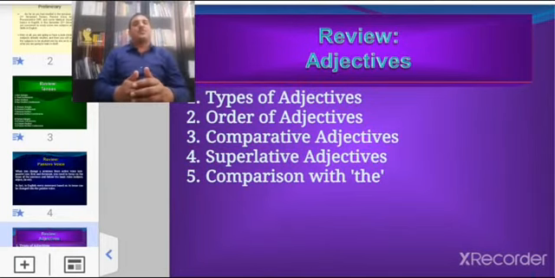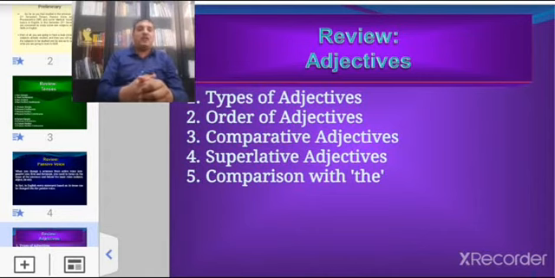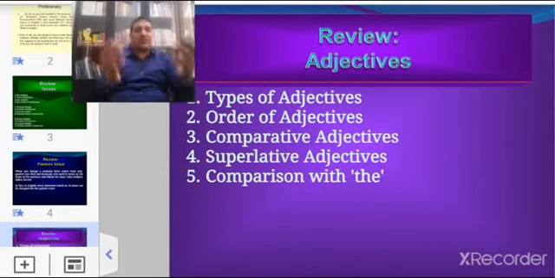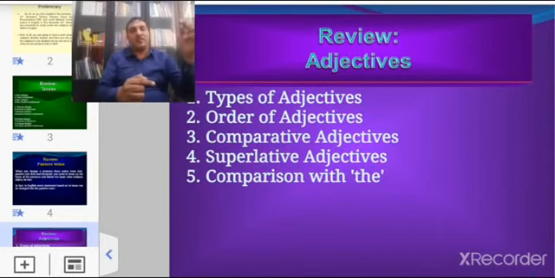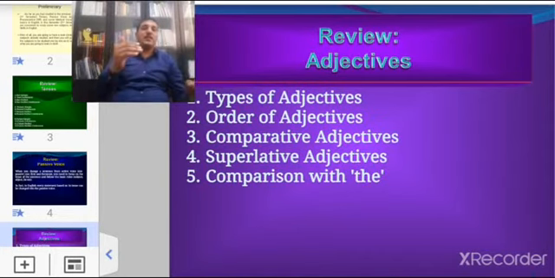These rules had been taught by your teacher. Superlative adjectives, when we compare more than two people, because for comparative we use only two people. Ali is taller than Ahmed, or Ali is more handsome than Ahmed.